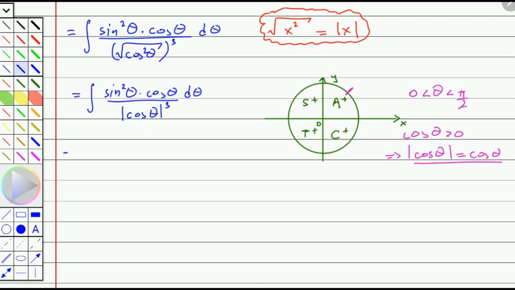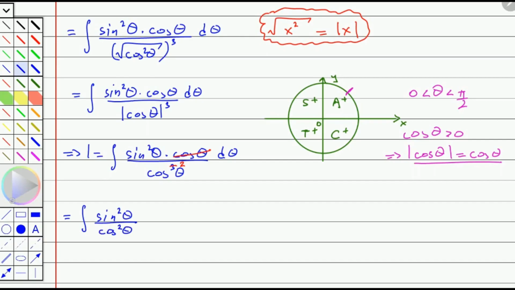And so I is equal to the integral of sine squared theta times cosine theta divided by cosine cubed theta d theta. We can see that we have a simplification of cosine with the cube, which makes it a square, and now we can write it equals the integral of sine squared theta divided by cosine squared theta d theta.